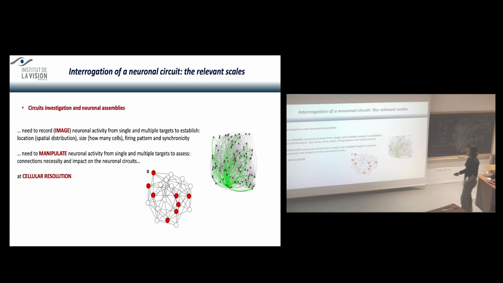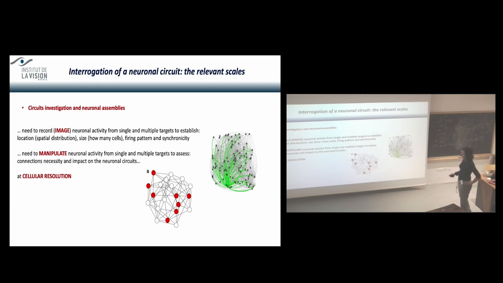So we have to be able to look at multiple cells, and then to establish where those cell assemblies are located in a specific circuit, and how many cells constitute a specific cell assembly. And then we have to be able to measure their firing patterns, so to test their degree of synchronicity.